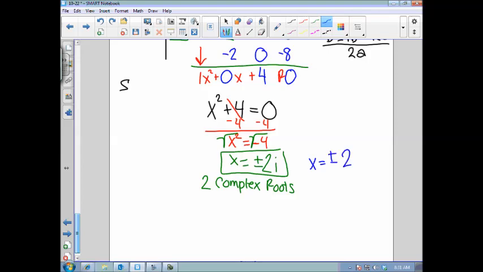Are these complex roots? No, what type of roots are positive 2 and negative 2? Real roots. So we also have two real roots. And we already wrote this at the top, but in total there were 4 total roots.